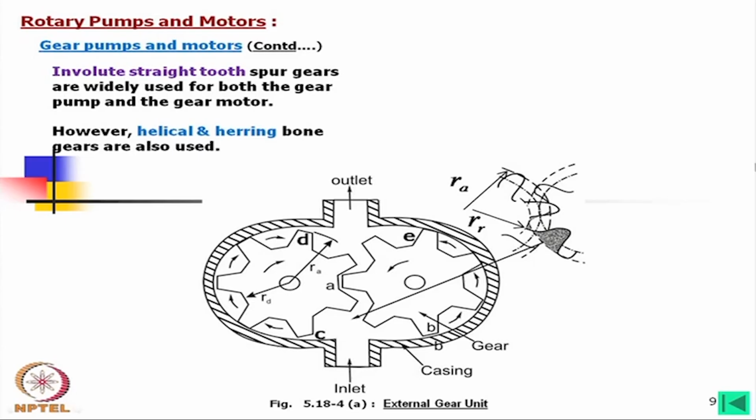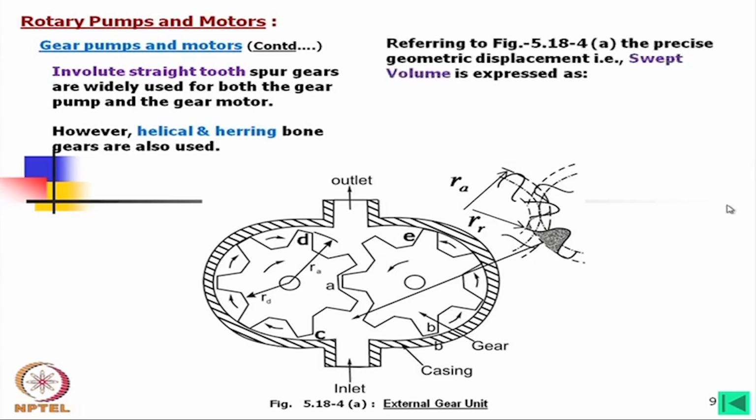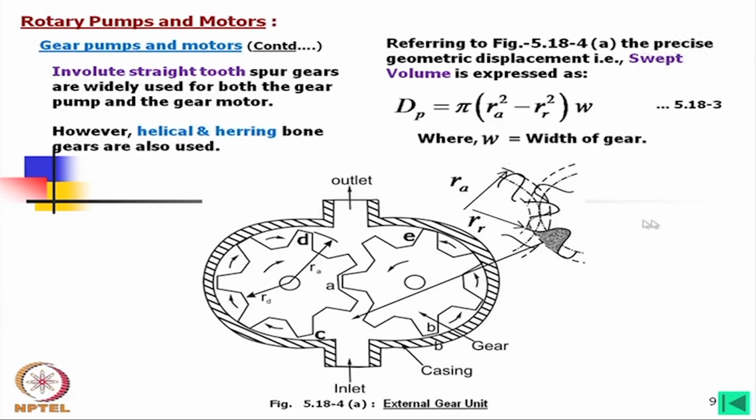Now, how to estimate the area, the swept volume? What we do, we just consider the area here. R A is the radius, if I consider R A is the addendum circle radius. Now, R R is not the addendum circle radius, rather we consider a circle through the tip of the other meshing gear.